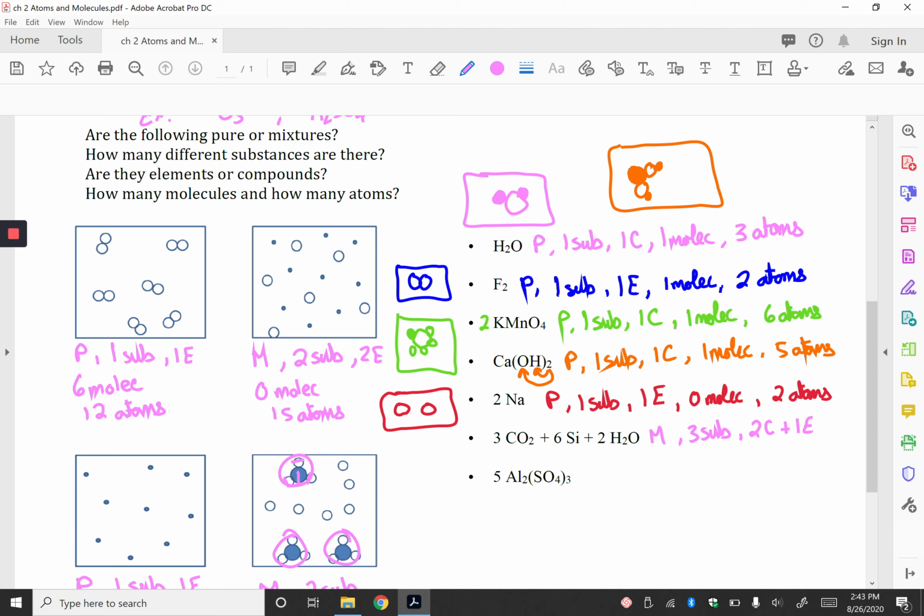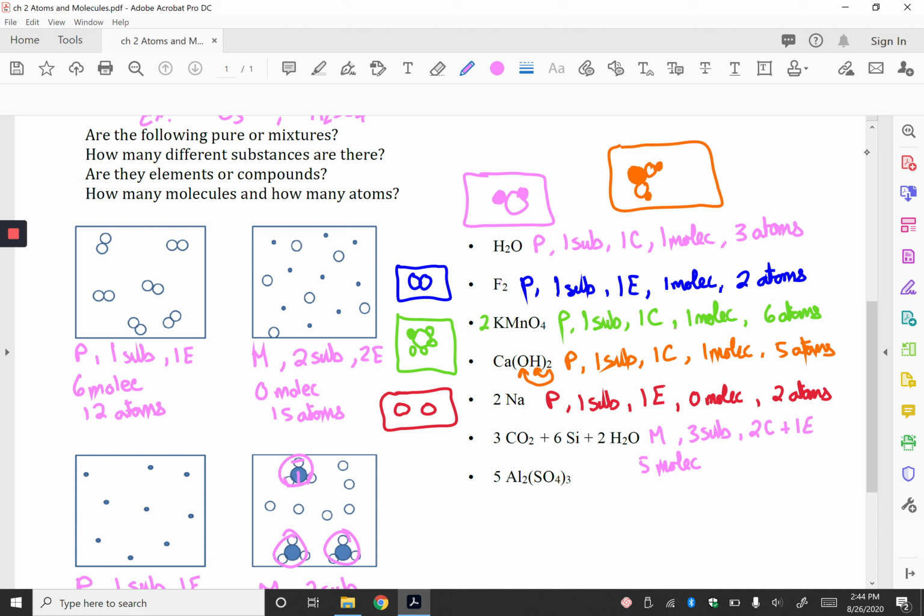All right, let's look at the molecules. Are there any molecules here? Yep, these are molecules, so there's 3 of those. Any molecules here? Nope. Those are just individual atoms. Molecules here? Yep, there are 2 of them. So there are 3 molecules of CO2 and 2 molecules of water, for a total of 5 molecules. Let's count up how many atoms.